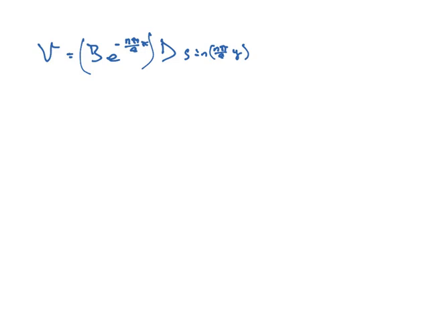Now we could just combine b and d together because they're both just constants multiplied by each other, so you get a different constant. Let's call it eta, whatever. Eta e to the minus n pi x over a sine n pi y over a.